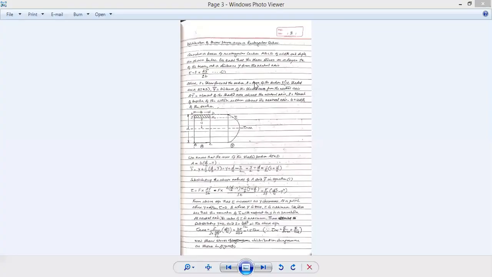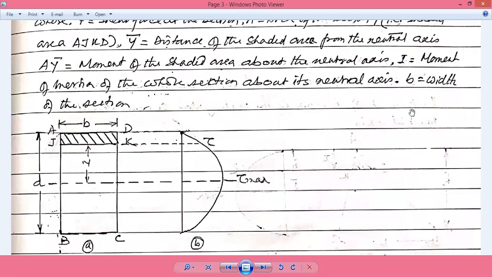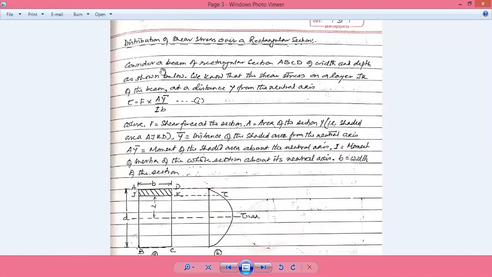Now, consider a beam of rectangular section here, A, B, C, D. It is a particular section, not two adjacent sections which are apart by an infinitesimal distance dx.